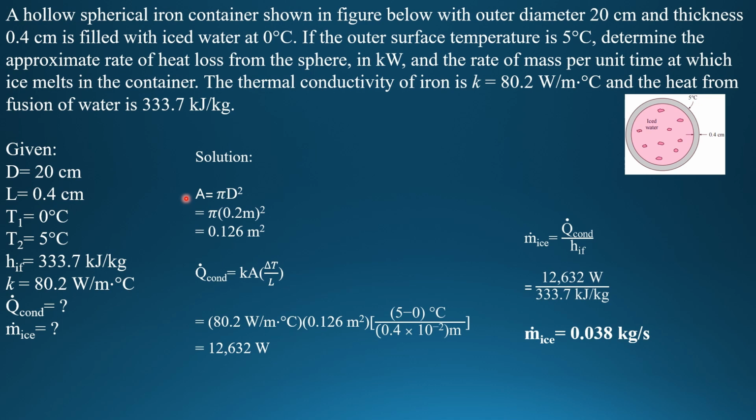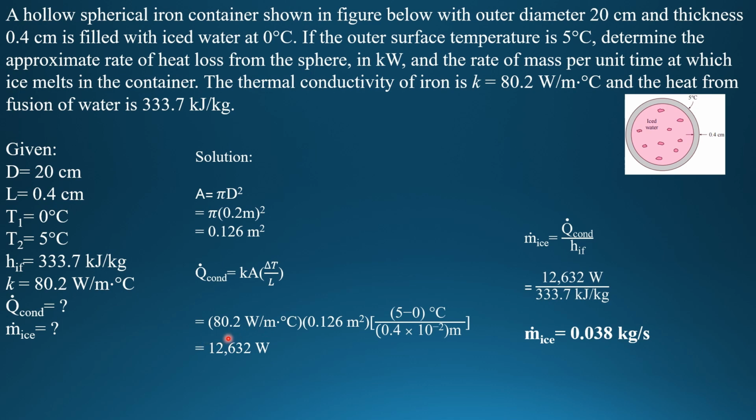The area is equal to pi times the diameter squared. So we have 0.2, the diameter of the spherical container, squared, and we have an area of 0.126 meters squared.